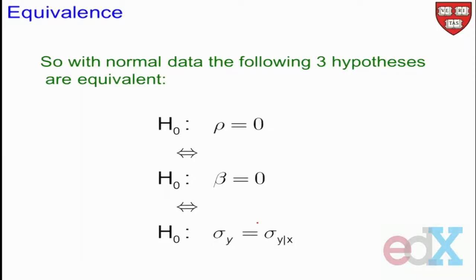Now, finally, what we can deduce from all of this is that there's a certain amount of equivalence here. So if we've got normal data, these three hypotheses are going to be equivalent.